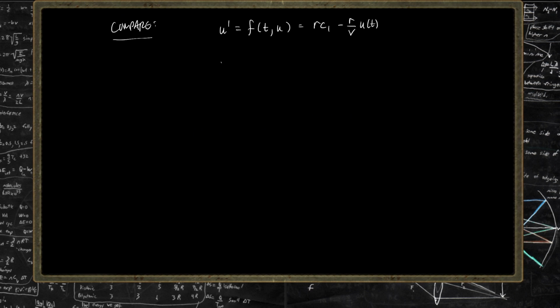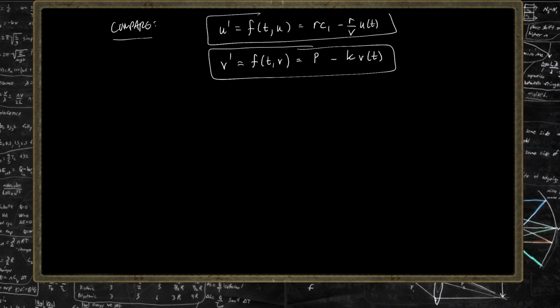And we had from the sprinting model, V prime was a function of time and velocity, because it was what? That propulsive effort, which was a constant, minus K, which is a constant, times V of t, which is that unknown quantity.